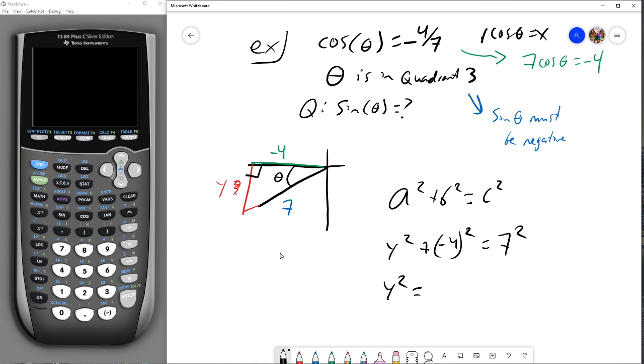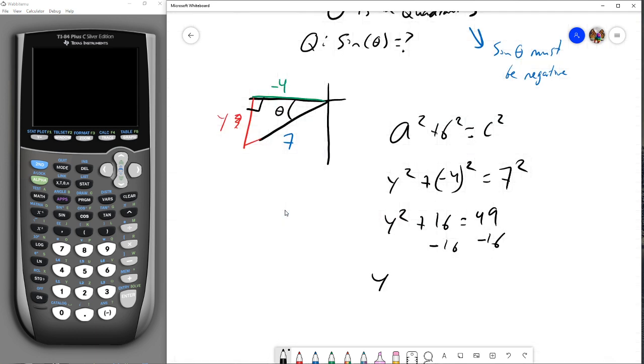That is y squared plus 16 is equal to 49. So we subtract 16 from both sides, and that gives us y squared is equal to 33. Square root: y is going to equal plus or minus root 33.